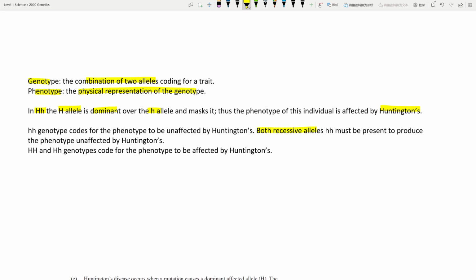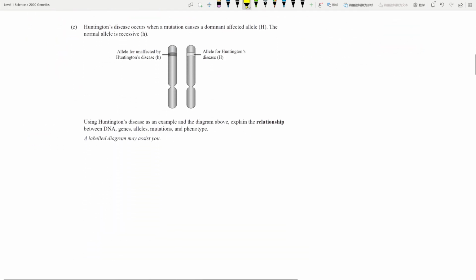When you have both recessive alleles, you have a normal person who is not affected by Huntington's disease. Homozygous dominant and heterozygous are both affected. It's a very straightforward question. You just need to know what the words mean.